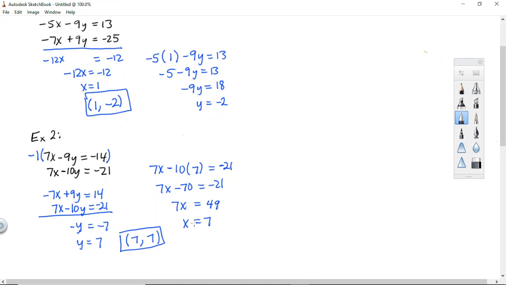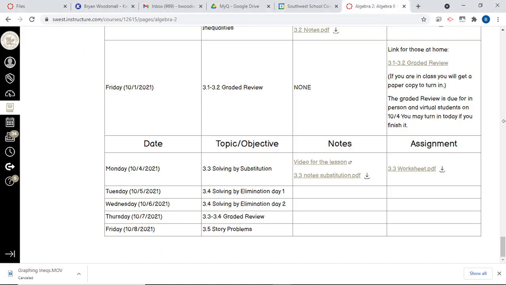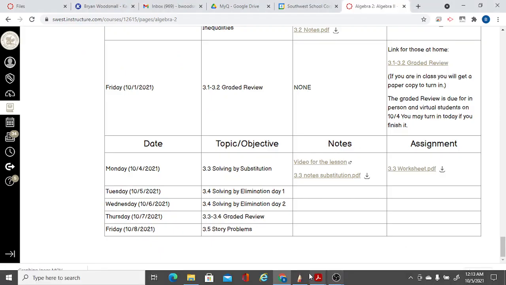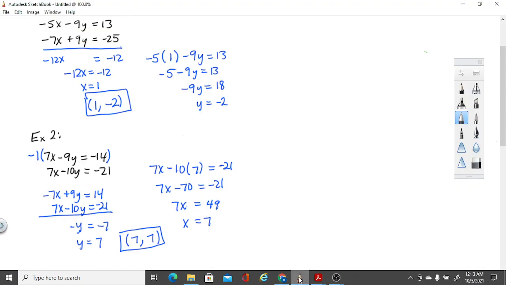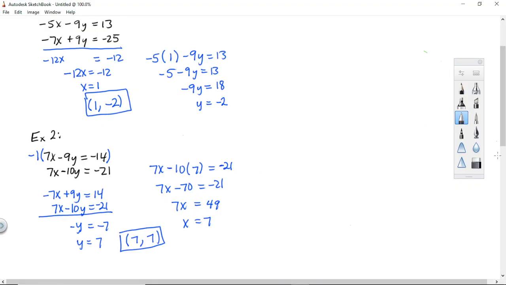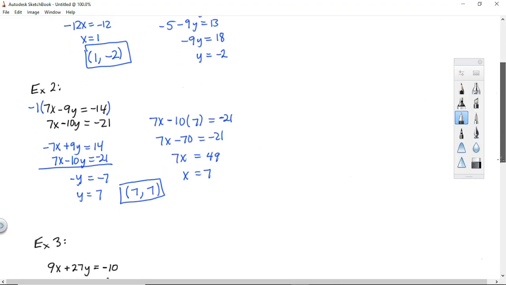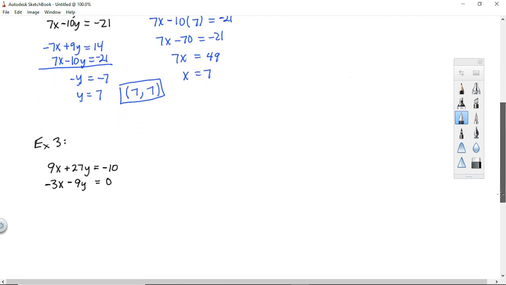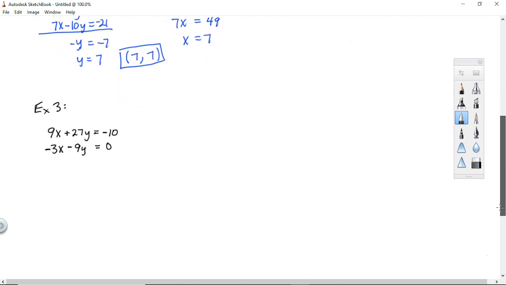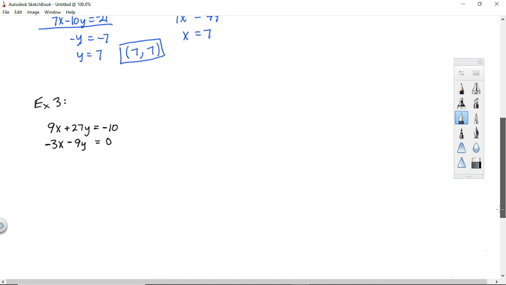So we have one more example. As you might expect, as the examples go on, they get to be a little bit more work. So this next one, we can't just add those two equations and get something to cancel out.